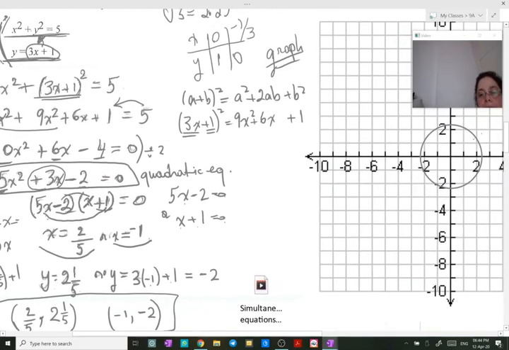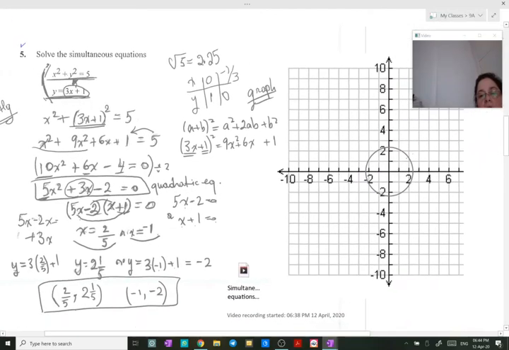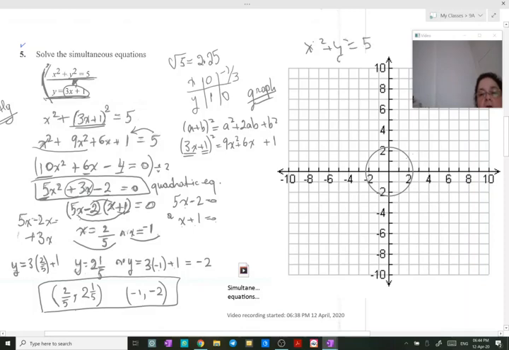We know that x squared plus y squared equals 5 is our first equation, and this is the equation of a circle of center (0, 0), which is the origin, and the radius is square root 5, because 5 represents r squared, so r is square root 5, and square root 5 is about 2.25.